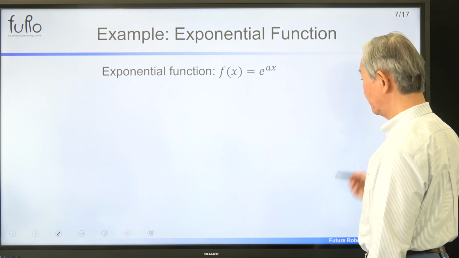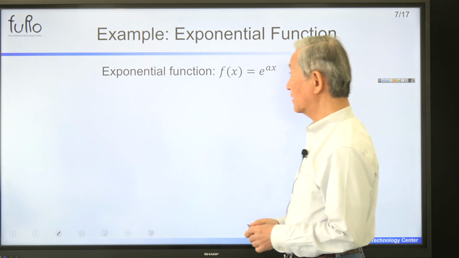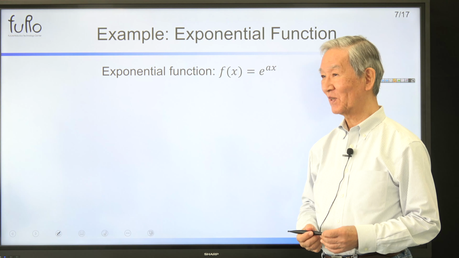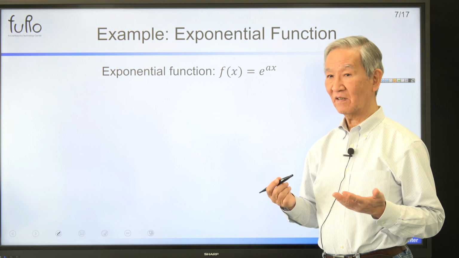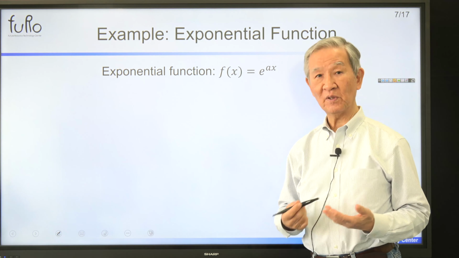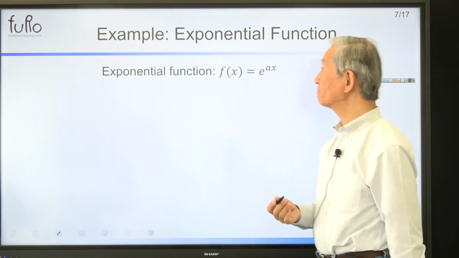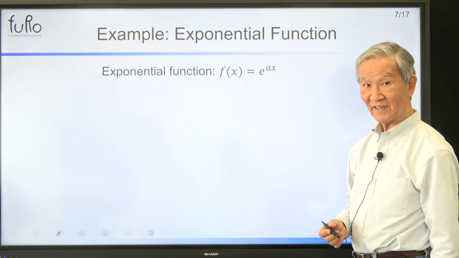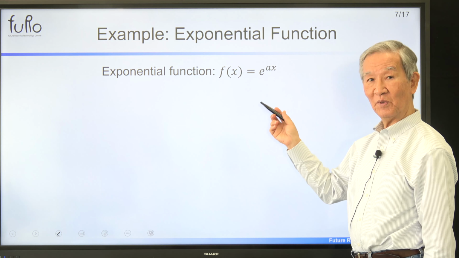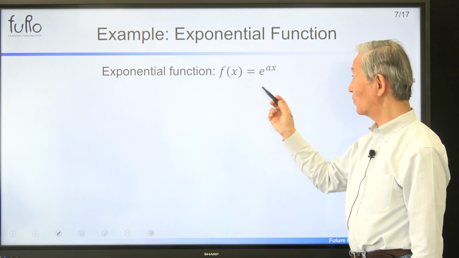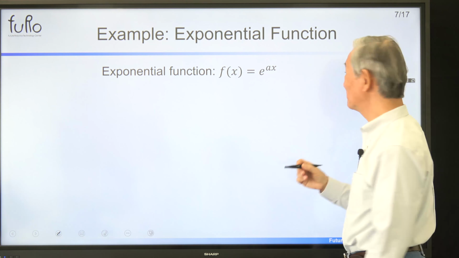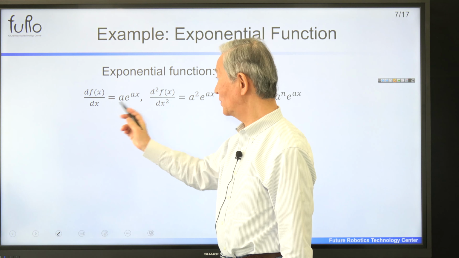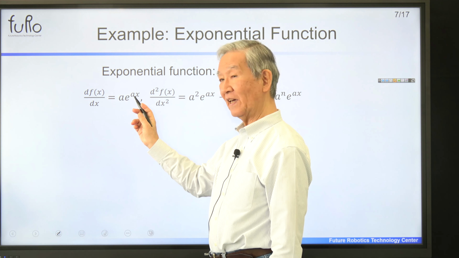So therefore, let's take a look at the exponential function as an example. Well, it is always important to look at an example whenever you try to understand something new. The exponential function is used so often. Besides, in the Taylor series, you have to compute the derivative, right? So the exponential function is easy. All right. So for the first derivative, the coefficient a comes out.